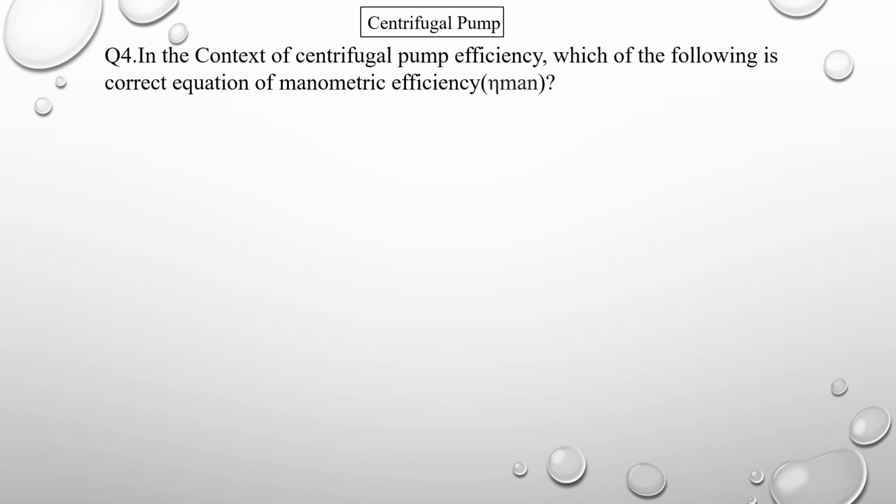The next, fourth question is from the centrifugal pump. The question is, in the context of centrifugal pump efficiency, which of the following is the correct equation of manometric efficiency? Here they just asked for the formula of manometric efficiency.